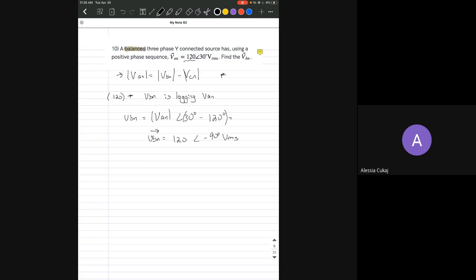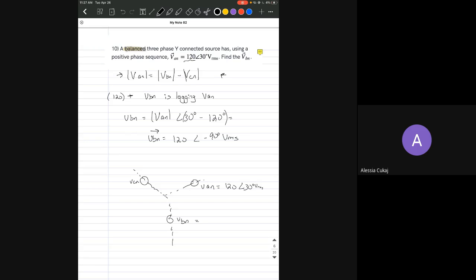If you want me to draw, let me see if I can draw this out. We have three phases, and they're shaped like a Y. We're going to have VBN over here, this is VAN, which was given to us, and this is VCN. 120 is at 30, VRMS.